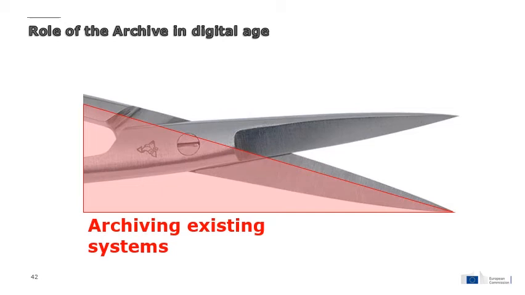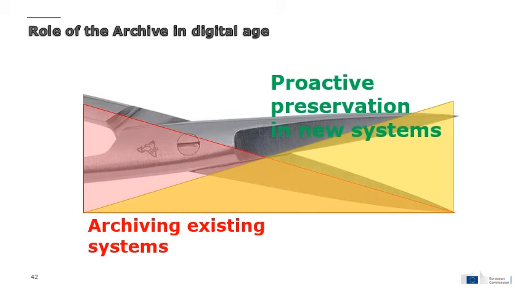But the second, the most important thing is how to preserve systems and data in a proactive fashion by designing new systems in a way that automates preservation of data and that creates a workflow where geodata or any other records are preserved automatically.